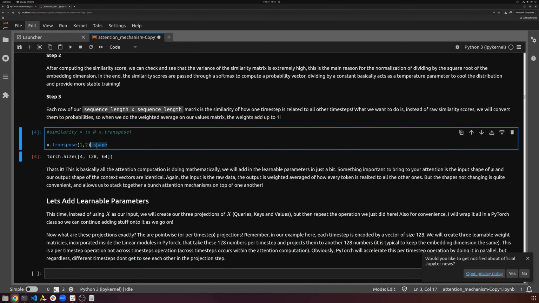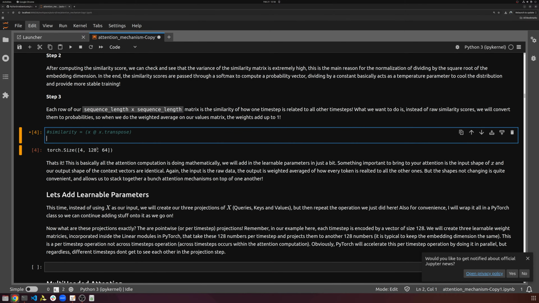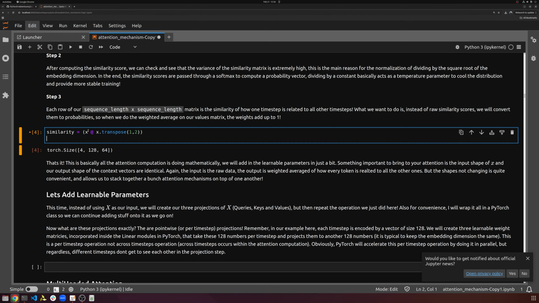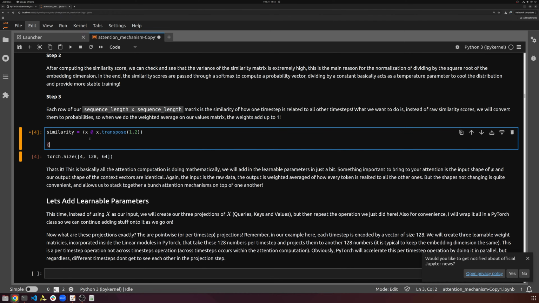So there we go. And our similarity, going back here, is going to be X dot transpose, again 1, 2, and it's going to be X at, which is your shortcut. You could also use torch.matmul, but the at operator is just a shortcut for matrix multiplication. So we're multiplying a 4 by 64 by 128, that's our original X, by a 4 by 128 by 64, because we transposed it.